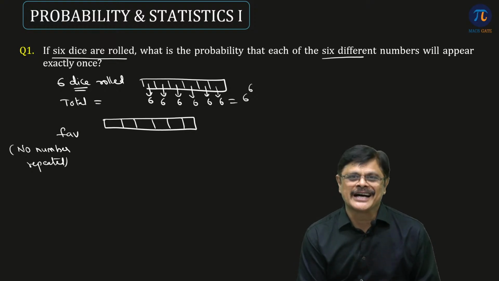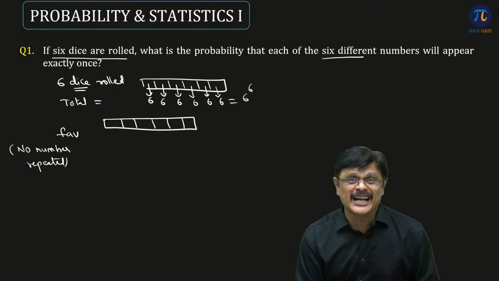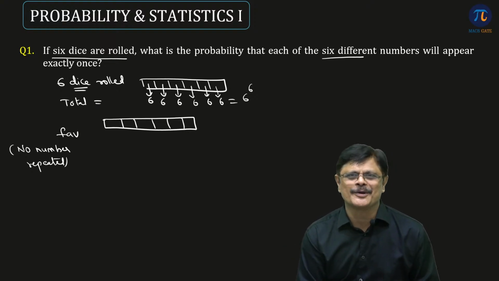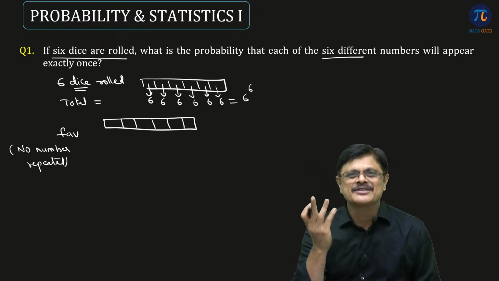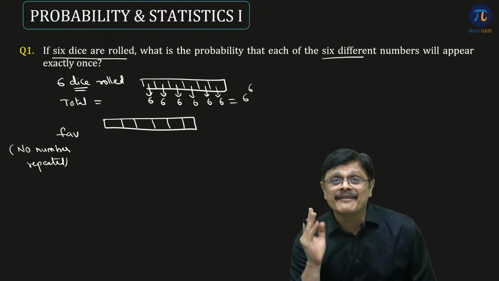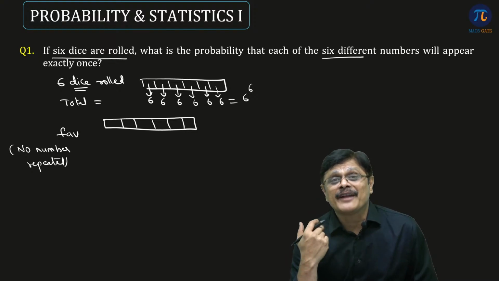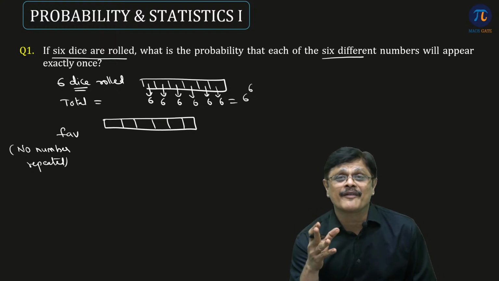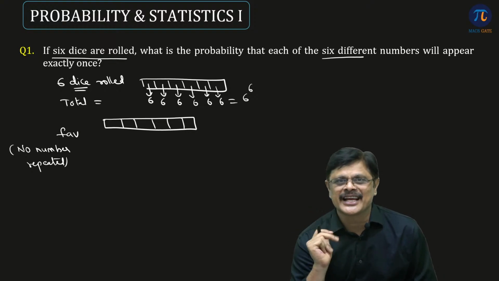Suppose 7 dice are rolled, he cannot ask this question. That is impossible. When 7 dice are rolled, you want seven different numbers. That is not possible, no? Because maximum you can have 6 numbers. So this question can be asked only when number of dice rolled is 6 or less. Otherwise, it cannot be asked.